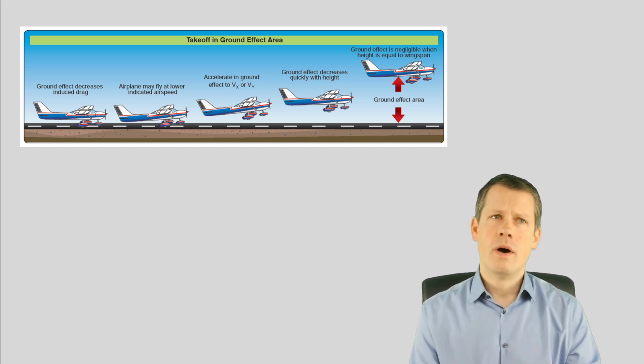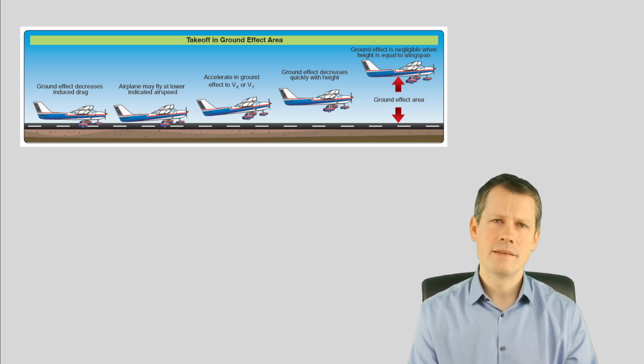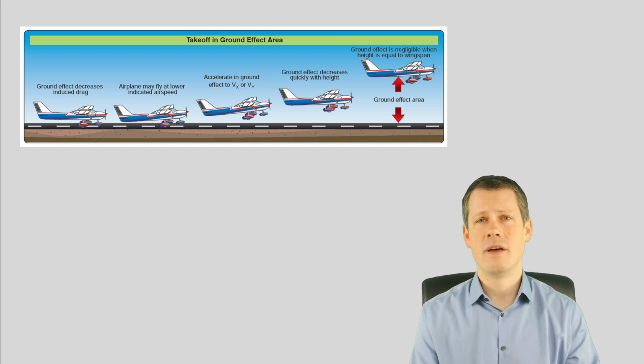Okay, so to conclude, let's mention a few common mistakes that are made during takeoffs. First of all, a very important mistake is a failure to check the performance, to attempt a takeoff under difficult conditions on a short runway without checking the takeoff performance.